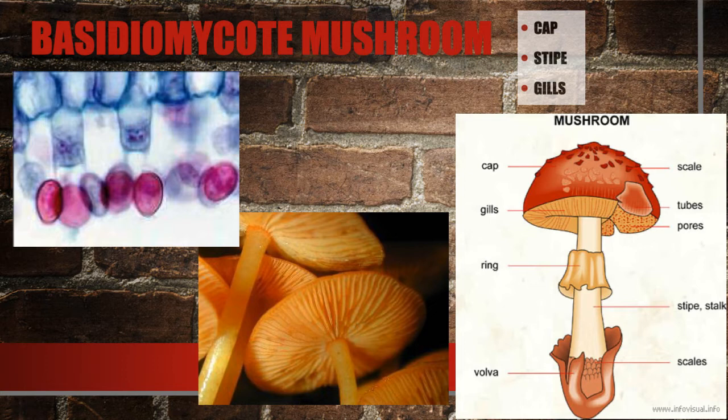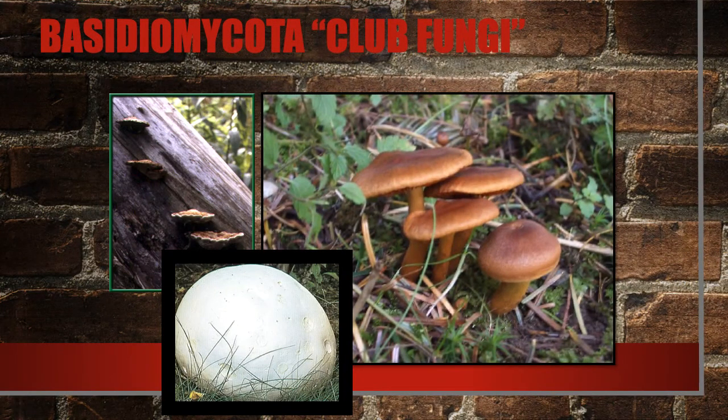I guess that's where they get the whole club fungus thing. You got that? Basidiomycote. So jot down that they're called club fungus. They've got those little sporangia with little balls on top like that.